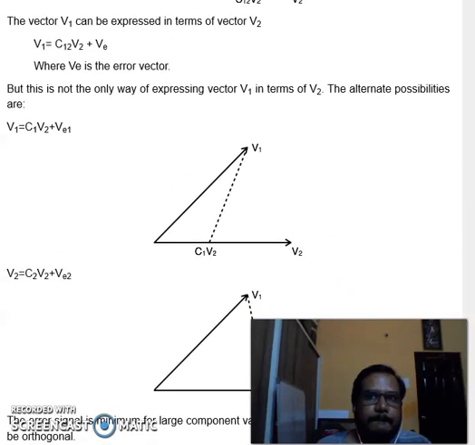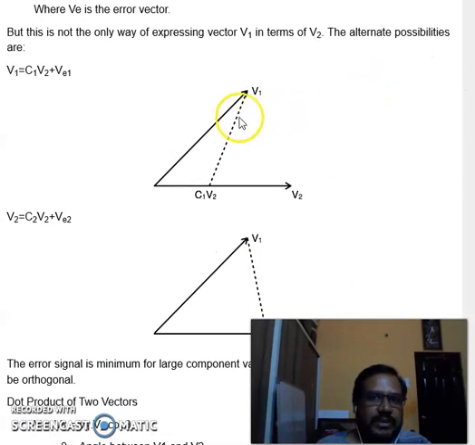Suppose we take this one as the error vector, then the equation is v1 is equal to c1 v2 plus Ve1. This is error vector 1. Now if we take this example, v1 is equal to c2 v2 plus error vector Ve2.